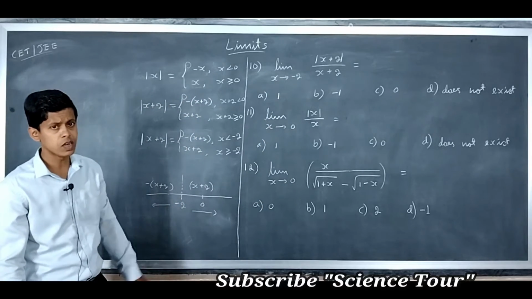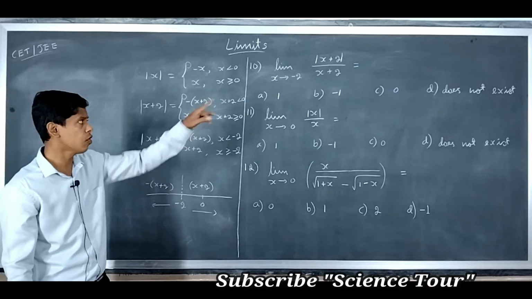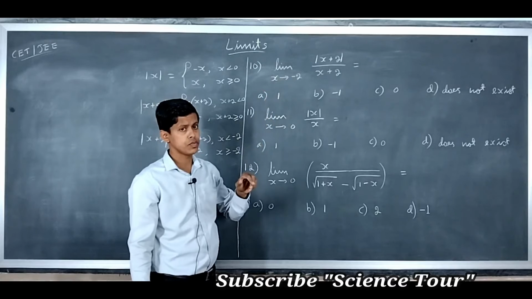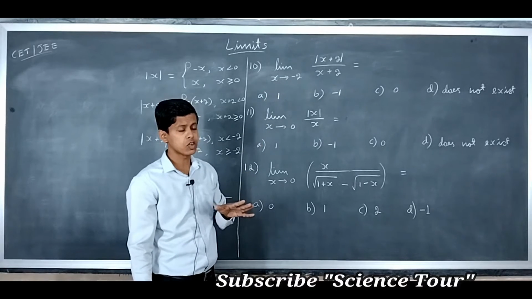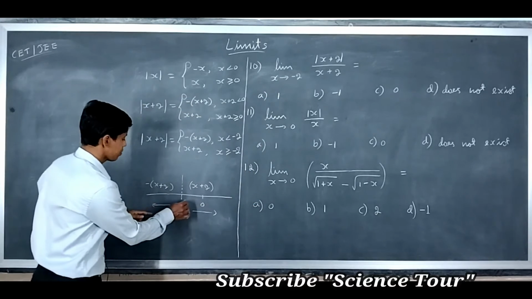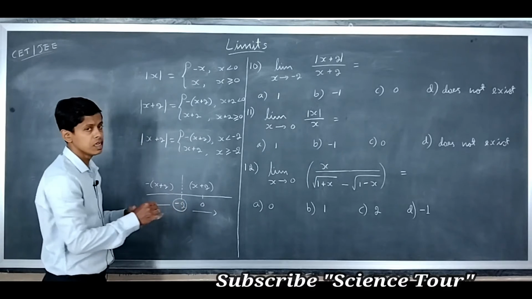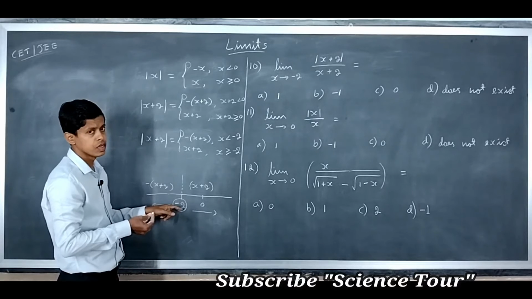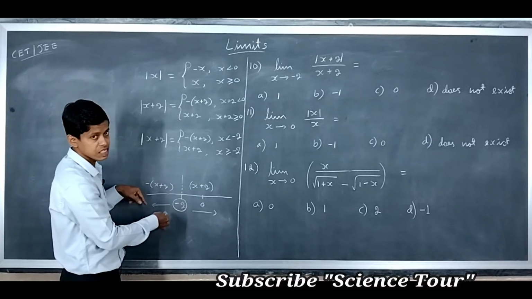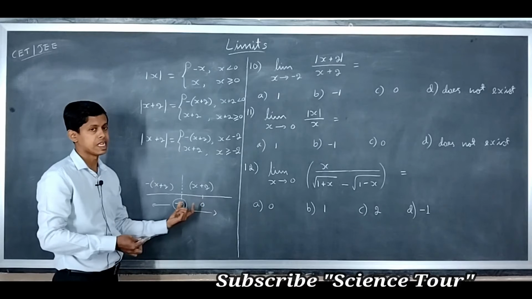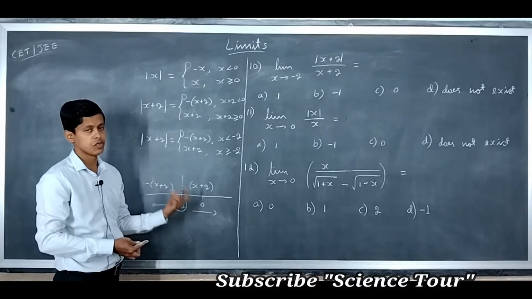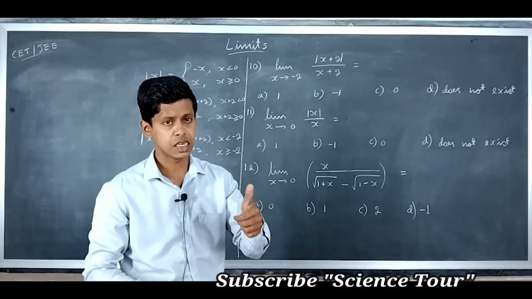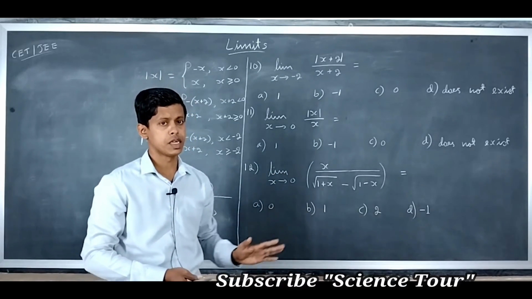We are finding the limit of the function as x tends to minus 2. X is not equal to minus 2. It may approach minus 2 from the left hand side, or it can approach from the right hand side as well. So we have to find the limit separately, that is the left hand limit and the right hand limit.